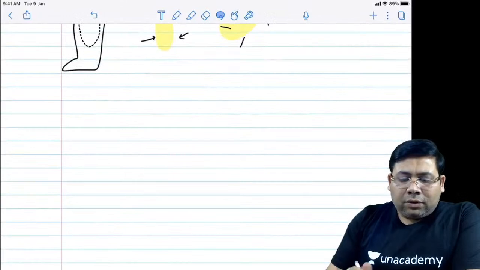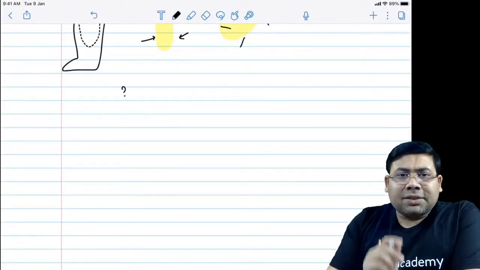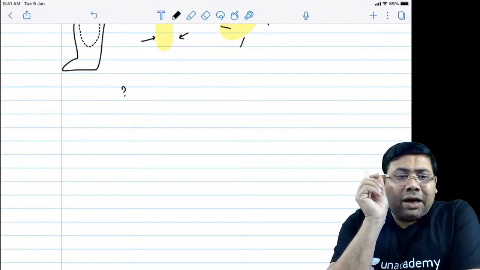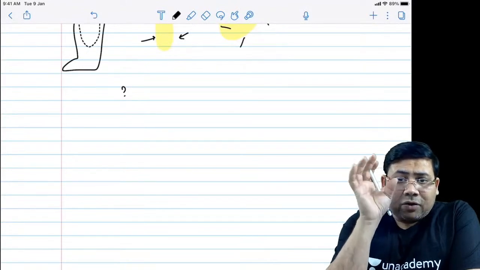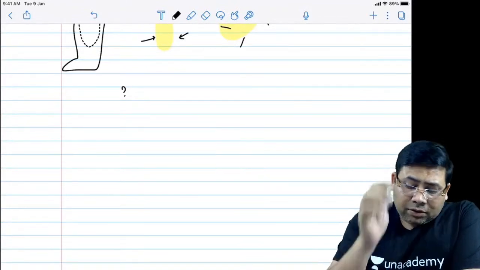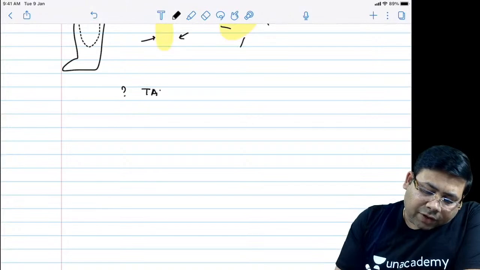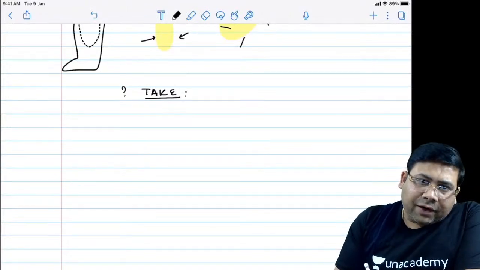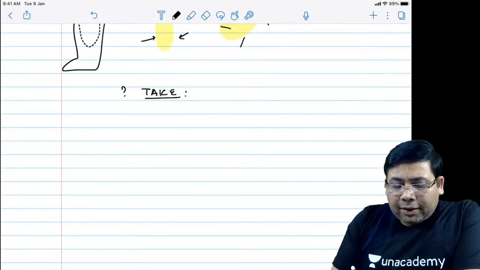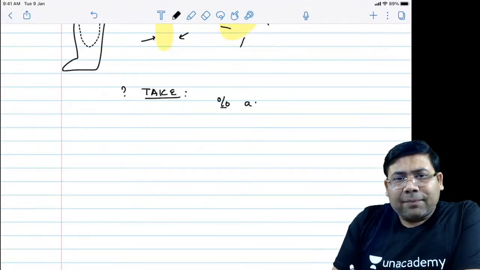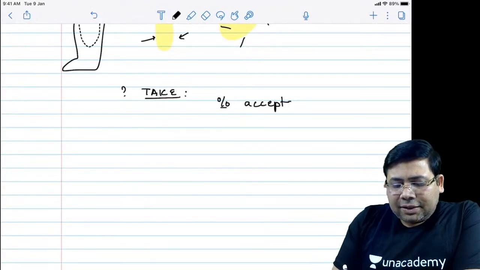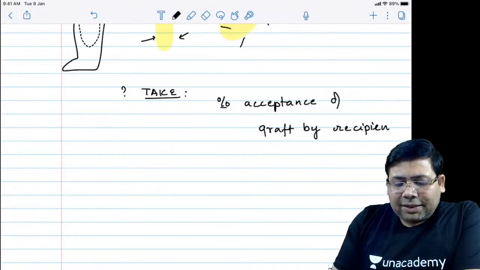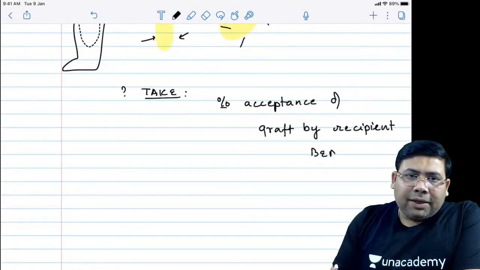Next, there is nothing known as 100% uptake or covering of the graft. So what is defined as take of graft? It is the percentage acceptance of graft by the recipient bed.